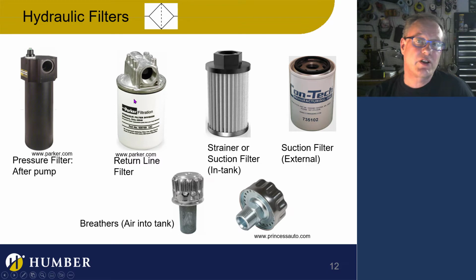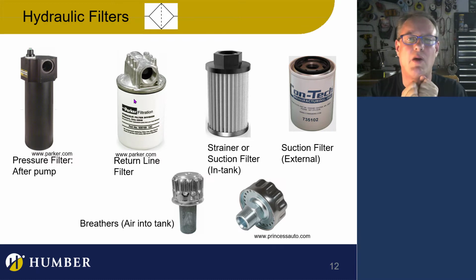So return line filter, that's important. What are you picking up from the return line filter? Well, the contaminants that are put into the system from the actuators, from the motors, from the valves, from all of the components that are there. There's going to be some wear, right? There's going to be little tiny microfibers of metal that fall off those materials.